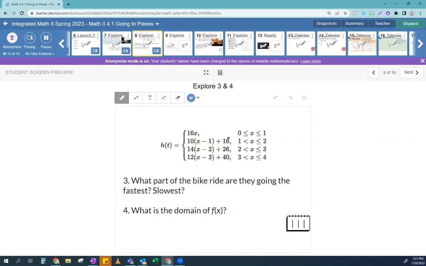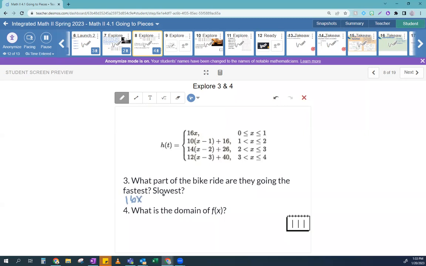You want to call this part 1, part 2, part 3, part 4? Just pick one. Okay, so yes, the part that they're going the fastest is this part because the slope is the biggest. So this is the 16x.